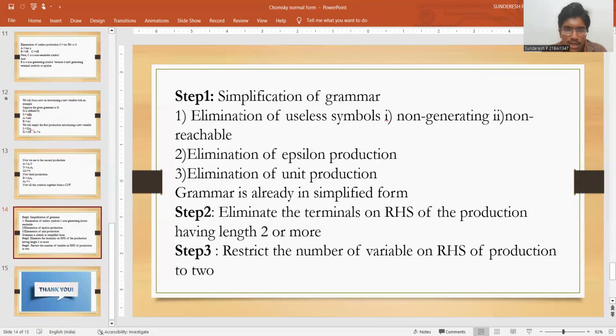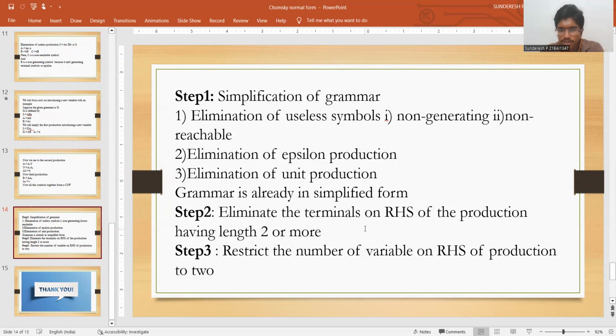Let's have a small recap of it. Simplification of the grammar: elimination of the useless symbols, the non-generating ones and the non-reachable ones, and then elimination of the epsilon production, and then elimination of the unit production. If we follow this elimination process, we will get a simplified form of the grammar. Step 2 will be elimination of the terminals on the RHS of the production having a length of 2 or more.